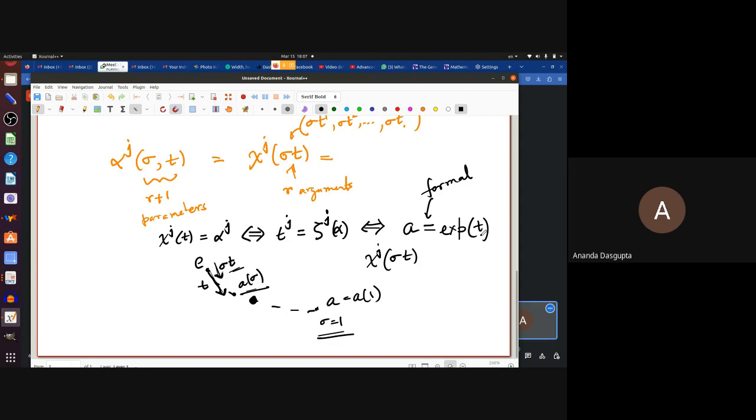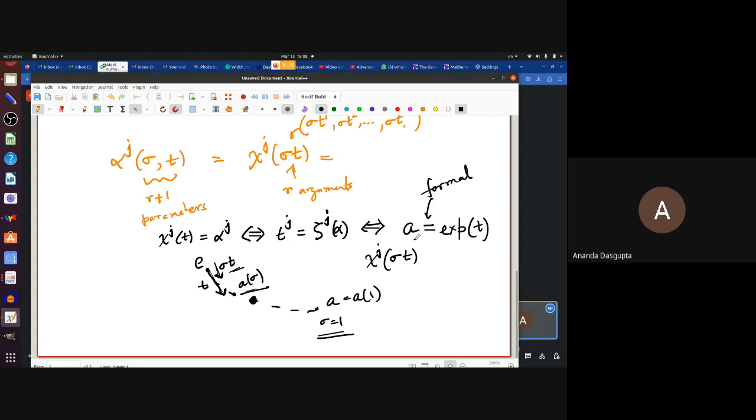Do you understand what we are saying? We are saying that if I start with a tangent t, then the point that I reach where sigma is 1 is the point I will call exp of t. Clear?